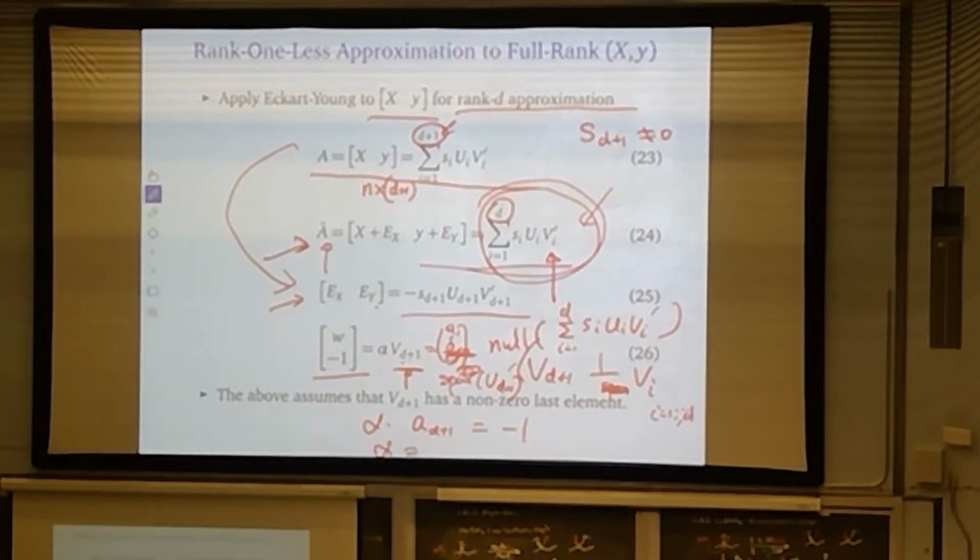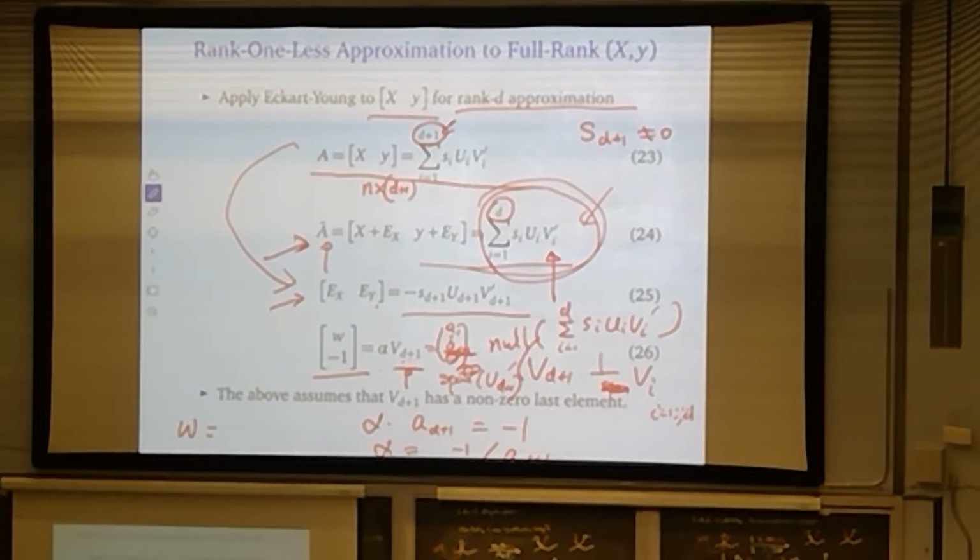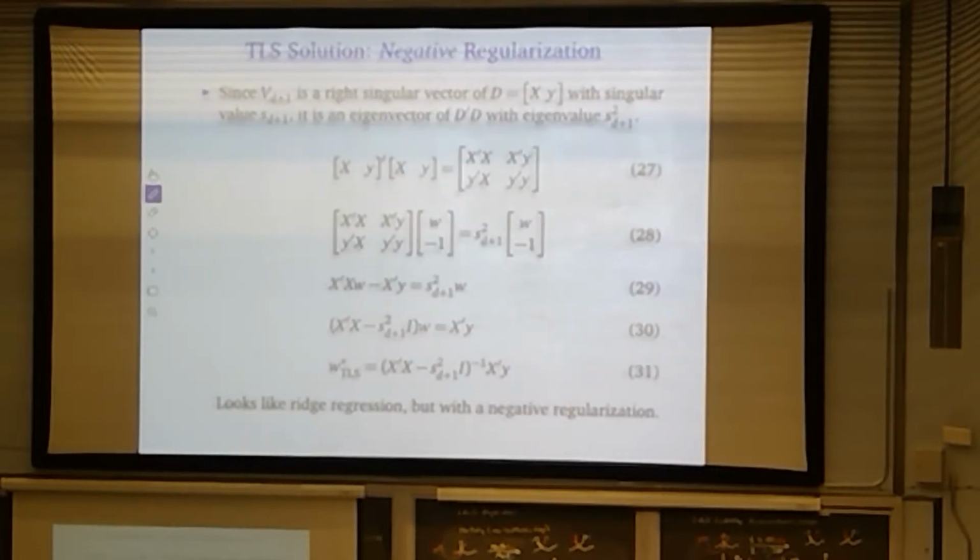I can solve alpha as minus 1 over A_{D+1}. And then I can find my W equals minus 1 over A_{D+1} times A1 all the way to AD. I can just derive it from the last singular vector. Here we assume it has a non-zero last element.